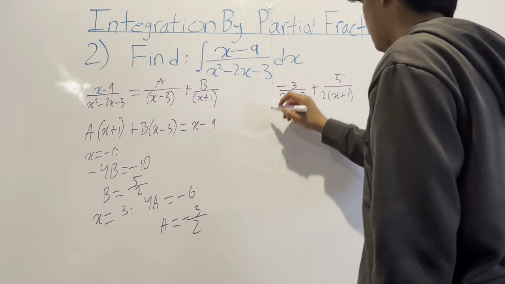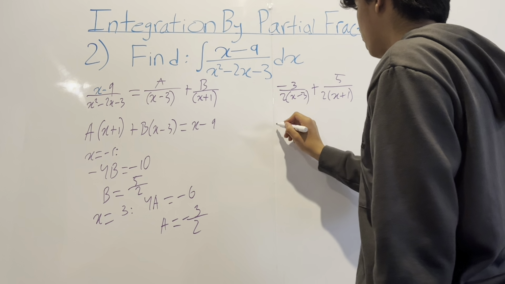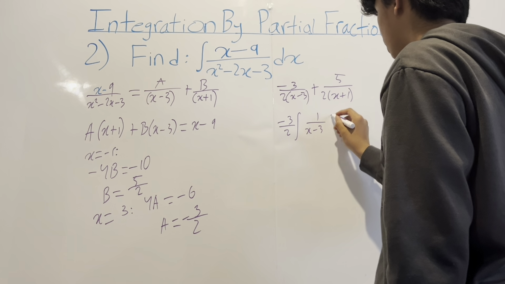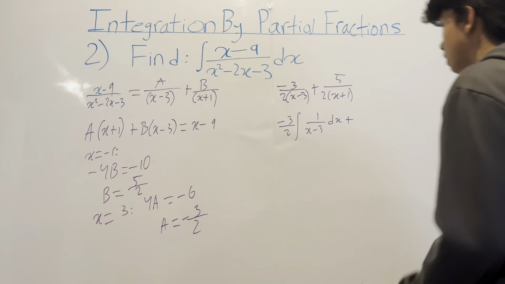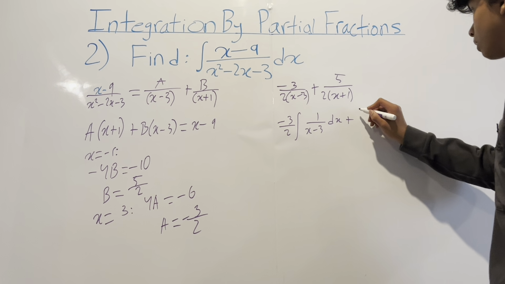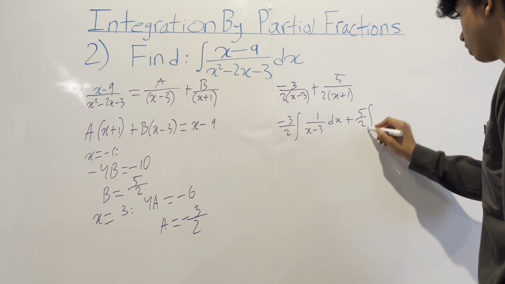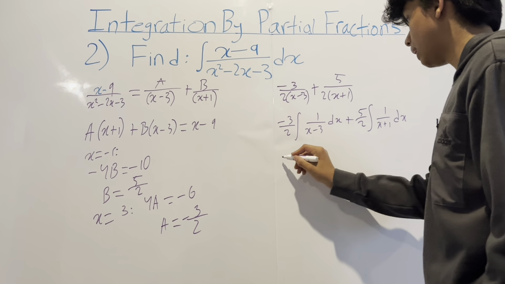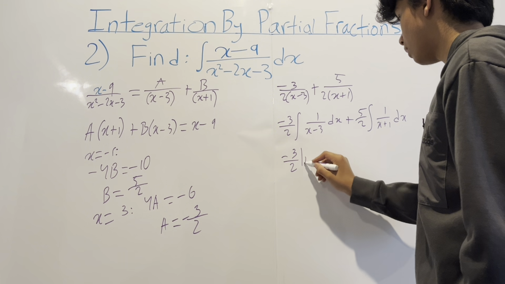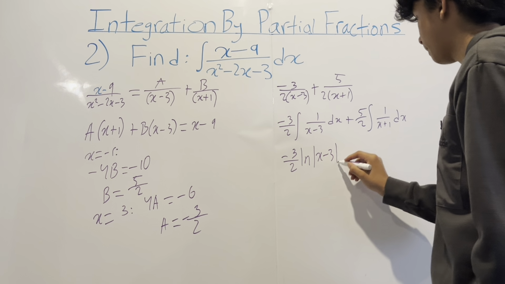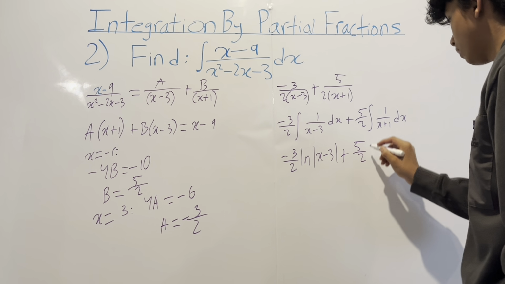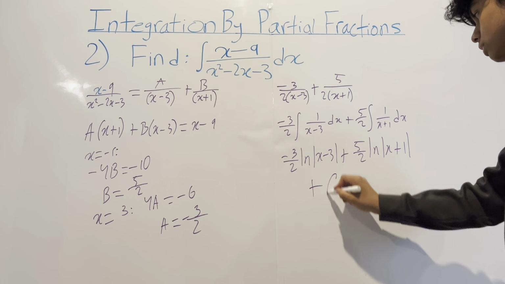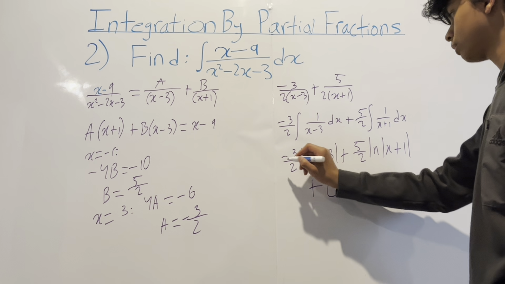And now let's take out the scalar multiples, so negative 3 over 2 integral of 1 over x minus 3 dx plus 5 over 2 integral of 1 over x plus 1 dx. This is just going to be negative 3 over 2 ln |x minus 3| plus 5 over 2 ln |x plus 1| plus C. And this is our final answer.